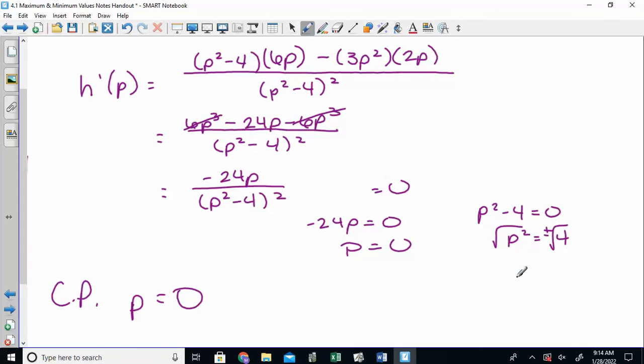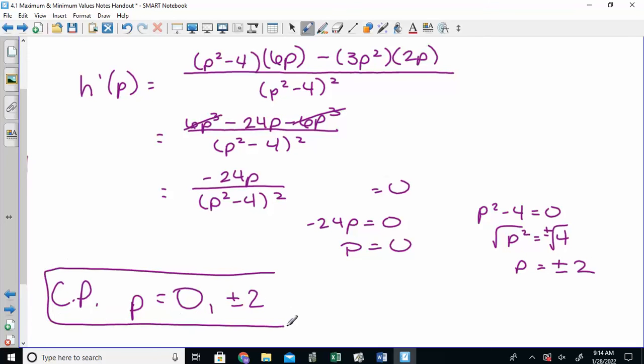So square root plus and minus, so p is positive or negative 2. So I got 3 critical points this time. 0, 2, and negative 2. So remember, you have to find when the derivative is 0 or undefined. You need to check both. Questions there?